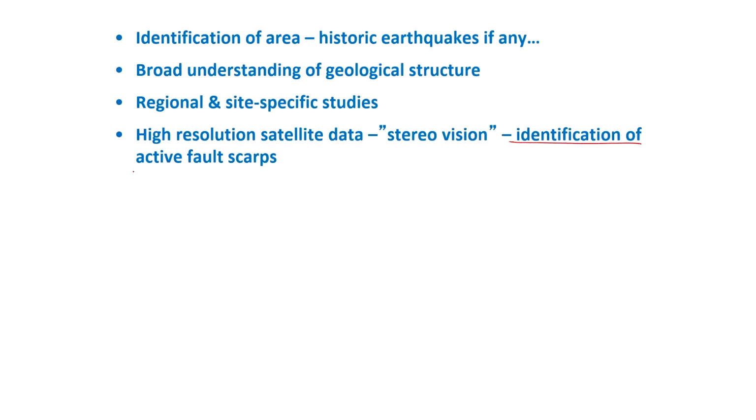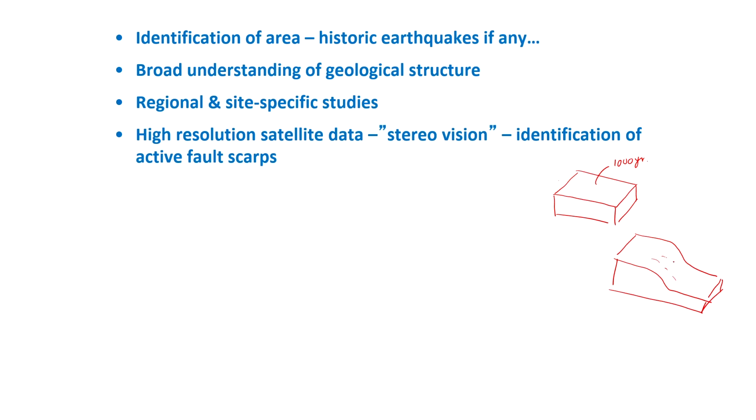The identification of active fault scarps is important, and I'll come to that point later. Usually the surface may be the same. For example, the surface was deposited 1,000 years ago, and then there was an earthquake. On a 2D image of this region, you will see the same surface continuing here.